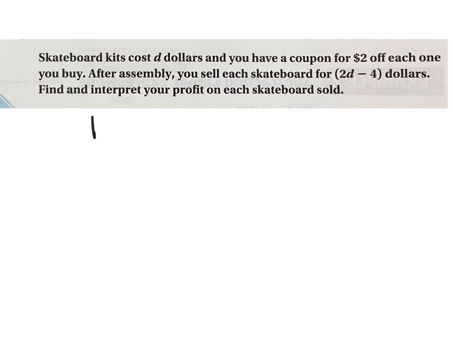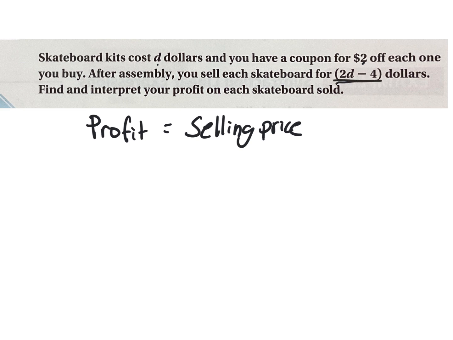So let's put profit equals, we have the selling price. After assembly, you sell each skateboard for 2D minus 4. So that's your selling price, 2D minus 4.